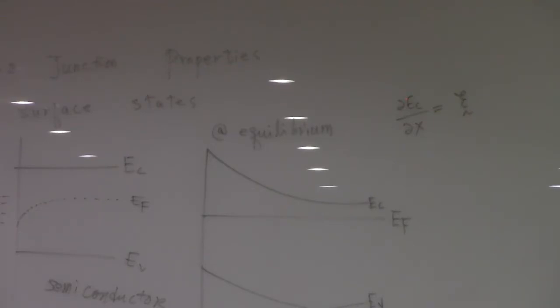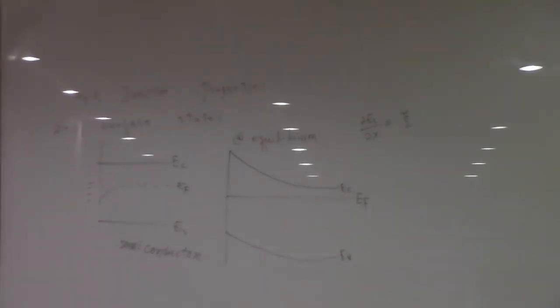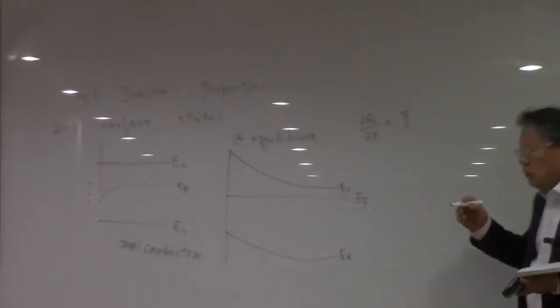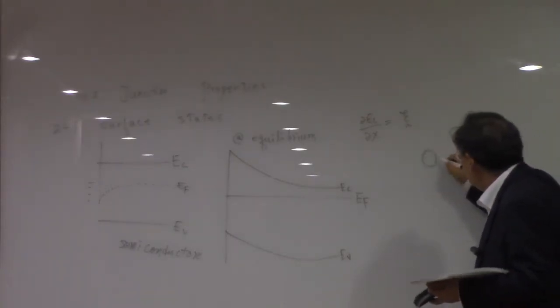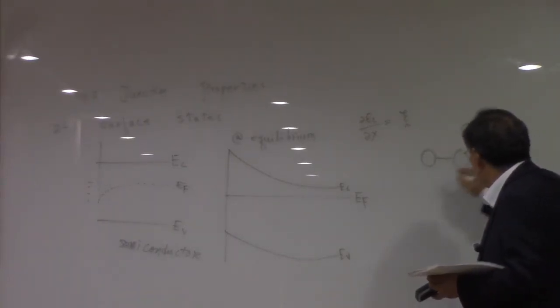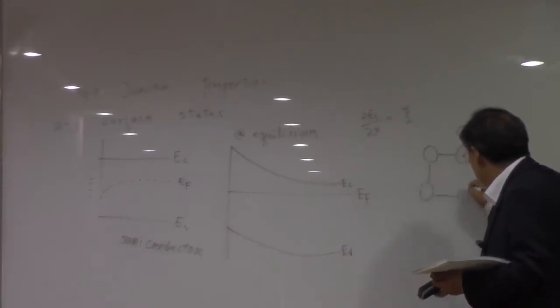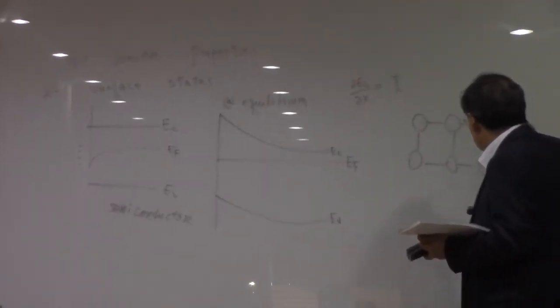So if you have a crystal and the surface is different from the bulk, the energy states are different. For example, if you talk about silicon, the silicon has covalent bonding, something like this, right?